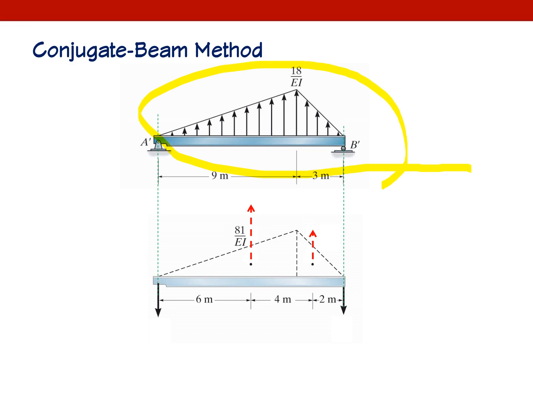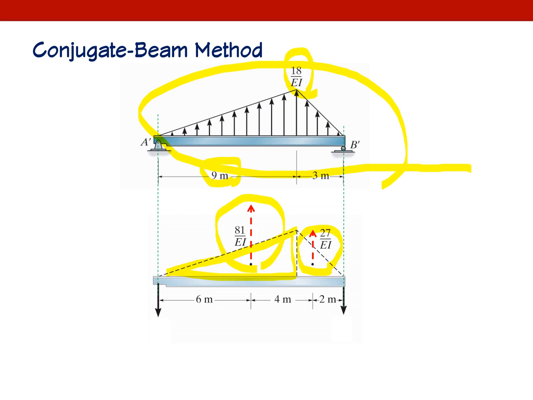When you have a triangular load, it's best to get your resultant. Always dashed line, because those are not real load. Your resultant is nothing but the area of this triangle, which is 81 over EI, 1 over 2 times 9 times 18 over EI. That will be 81 over EI.